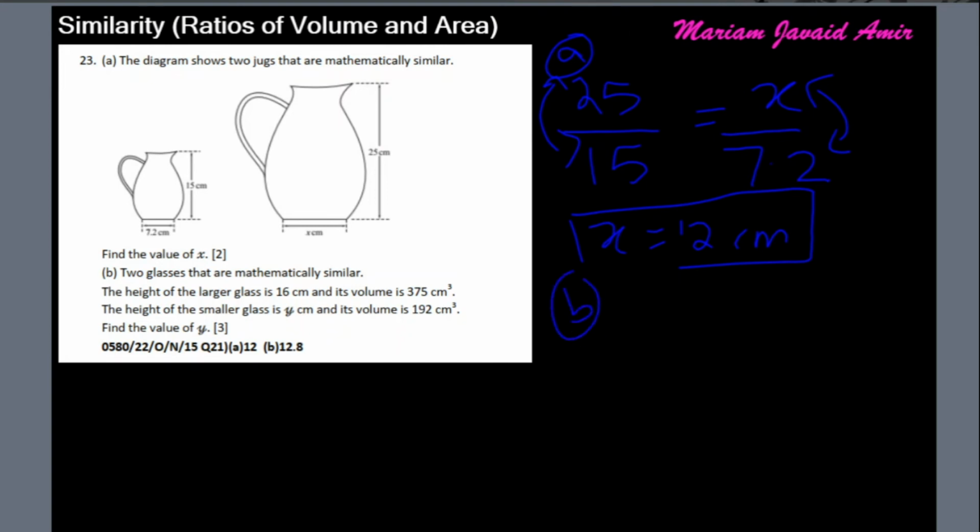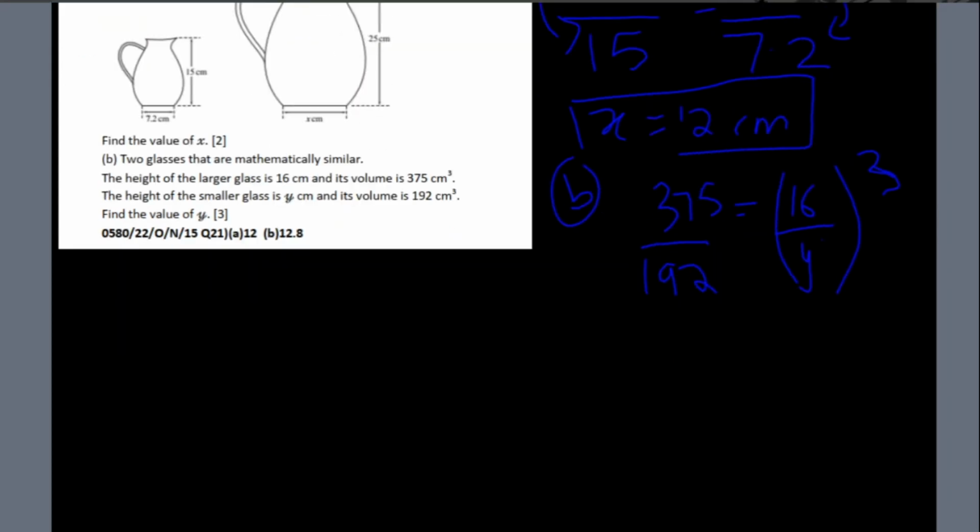Okay, part B. Two glasses that are mathematically similar. The height of the larger glass is 16. So V1 over V2 equals L1 over L2 whole cube. The first volume is 375, the second volume is 192, and the height of the smaller glass is y. Find the value of y.